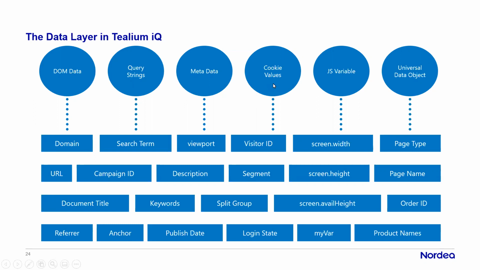Then we have cookie values, so you can read cookies directly in the variables. And then you can directly refer to JavaScript variables, for instance, screen.width, or the lowest one here, one I made myself.